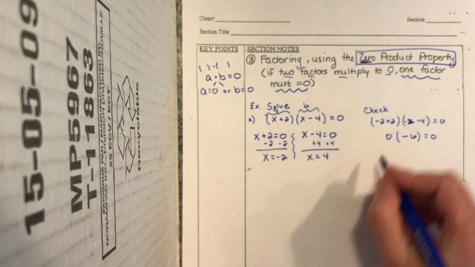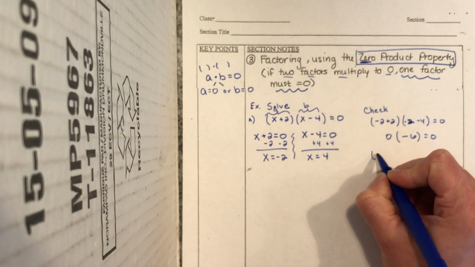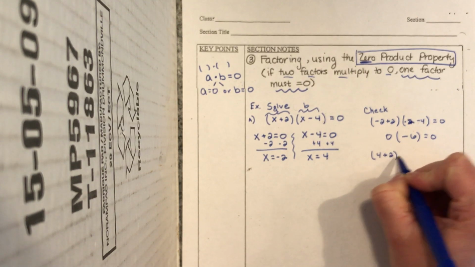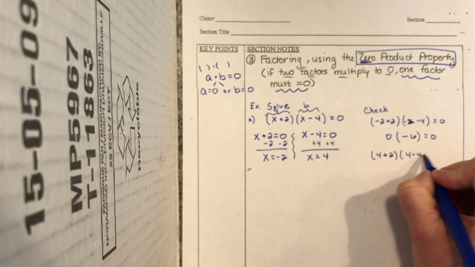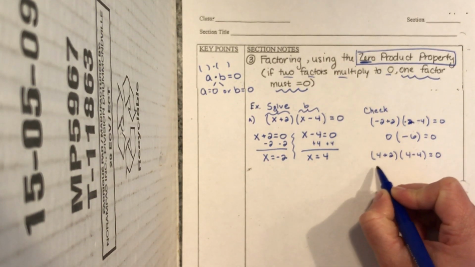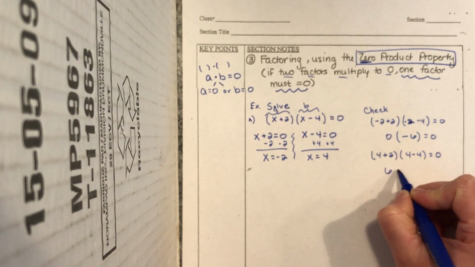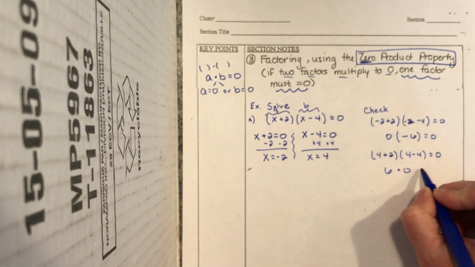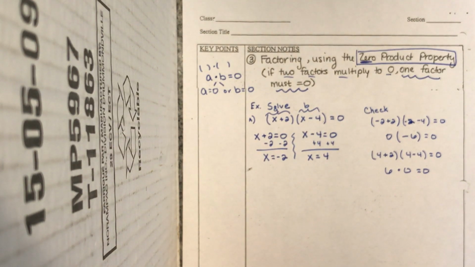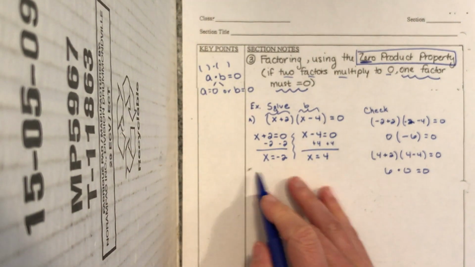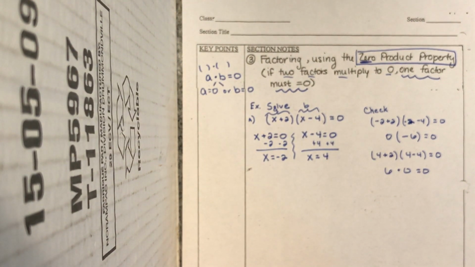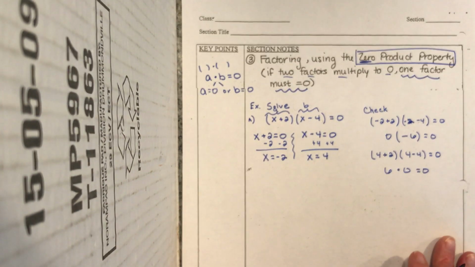So negative 2 works. And then I could also do my check with the 4. So I plug in 4 for both x's. And the first factor is 6, but the second factor is 0. So therefore it works again, because 6 times 0 is 0. So I end up with two answers, negative 2 and positive 4.